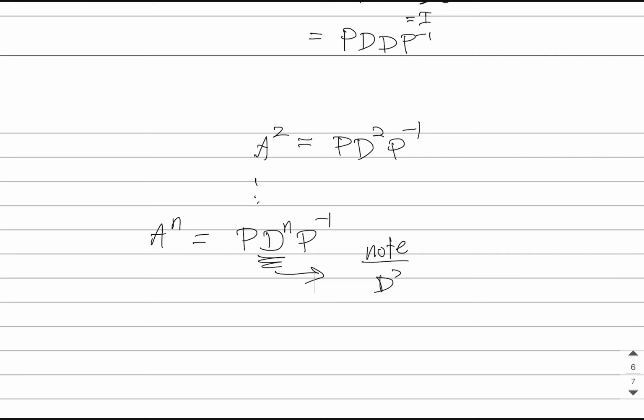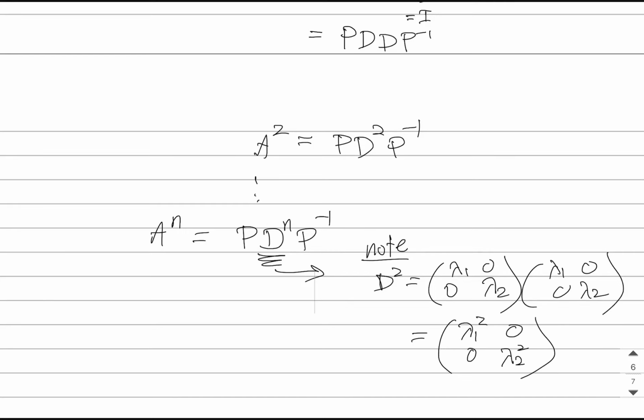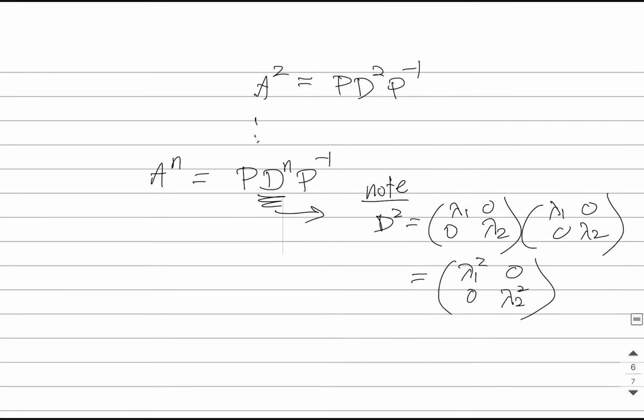If I were to say to you D squared, I'm going to show you a very simple example here. Let's just take a 2x2 case. If I were to write this matrix and just do the matrix multiplication, you're going to find that this is what will end up happening. All you have to do is square the diagonal entries.